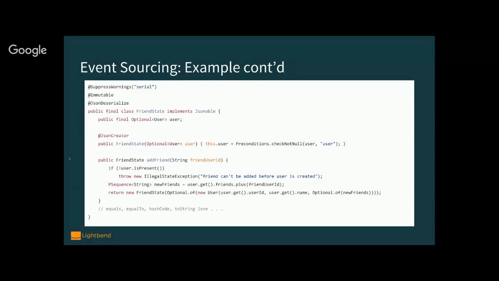Otherwise, we're going to find the user, and we're going to find the user's friends list, and we're going to add that user to the friends. And then we're going to return the state, which is the construct which holds the current state, or the in-memory state, for this particular entity.